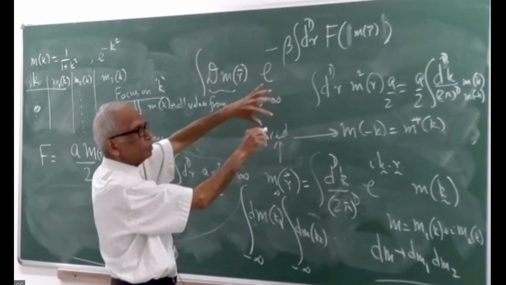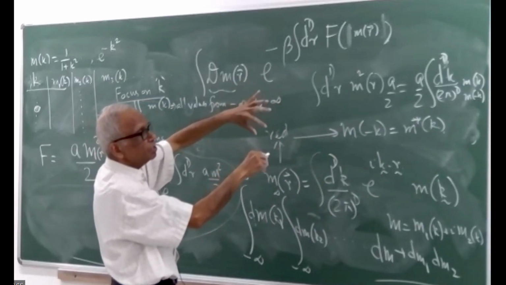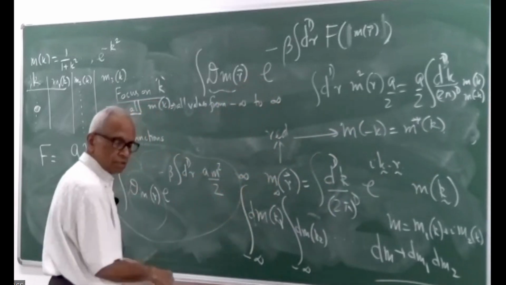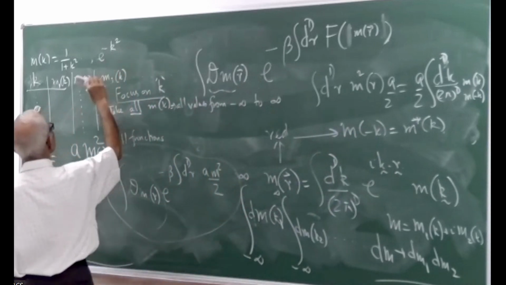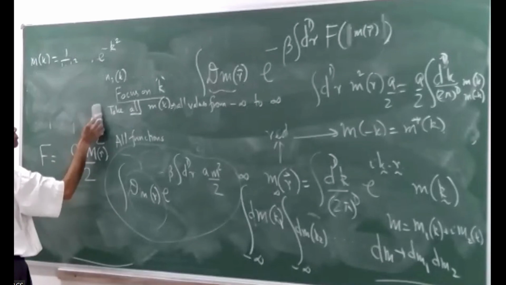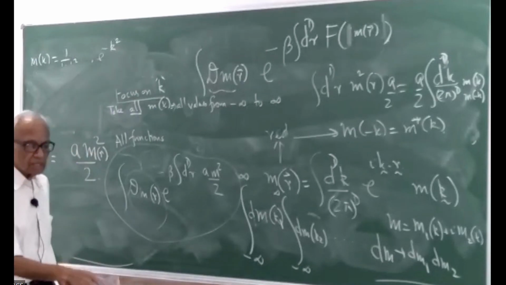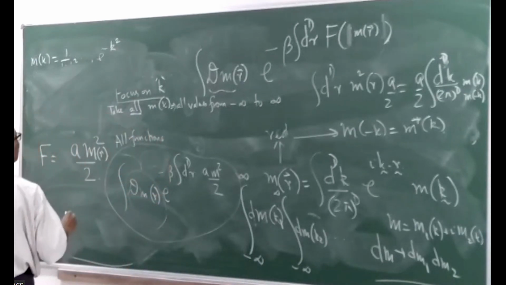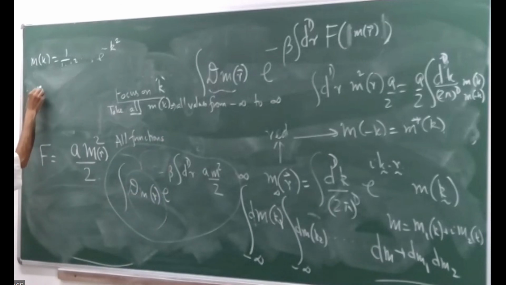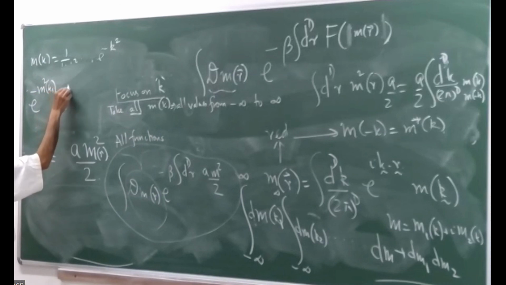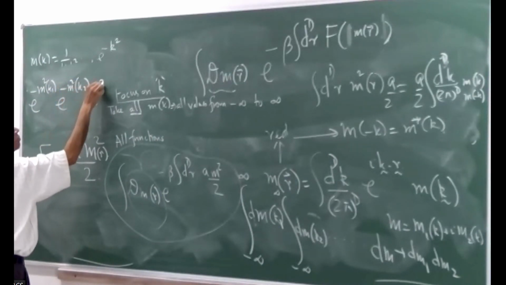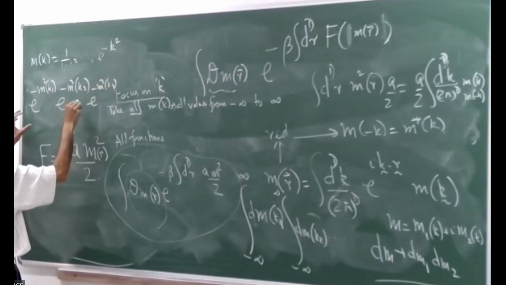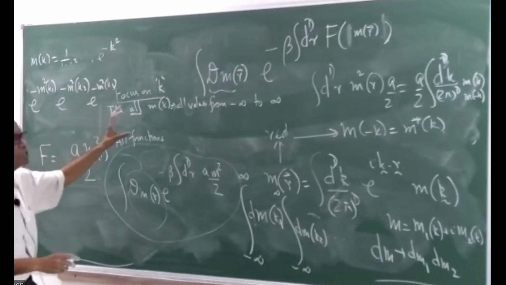So I focus on a particular k, and it is e to the power minus m square. Everything is factored. E to the power minus m square k1, e to the power minus m square k2, e to the power minus m square k3, and so on. That is what this is all about.